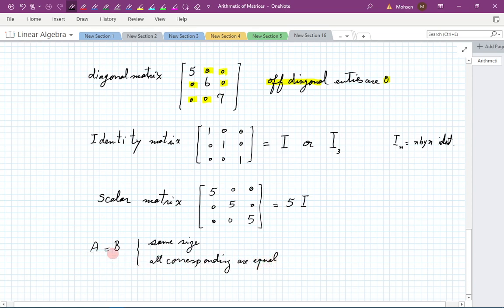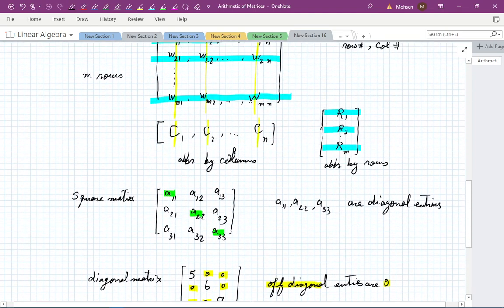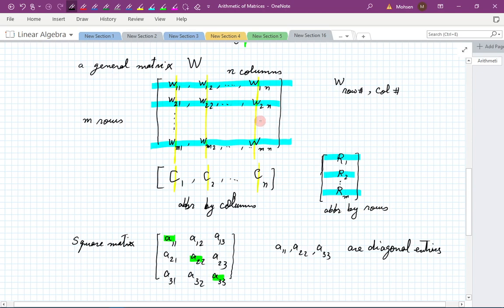To talk about the generic entry of this matrix, something that is sitting inside of this array and we want to refer to it, tradition is to refer to it as the item that is seated at the location ij, meaning it is sitting in row i and column j.